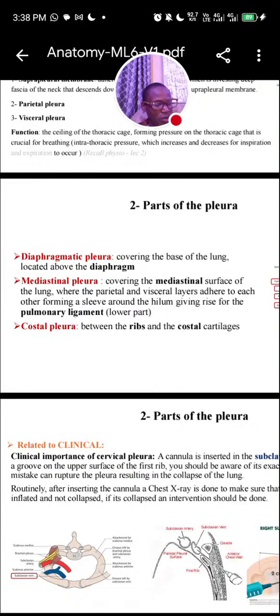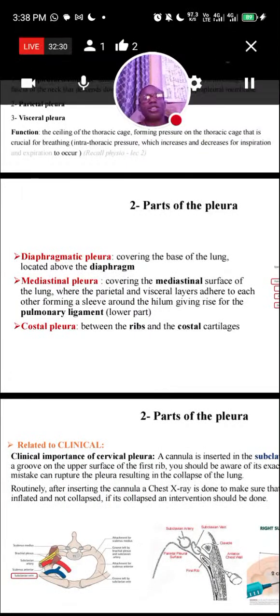Mediastinal pleura, we said MDCC. This one leads to which kind of ligament? Pulmonary ligament. Okay, let's continue. Next thing we talk about is the costal pleura.